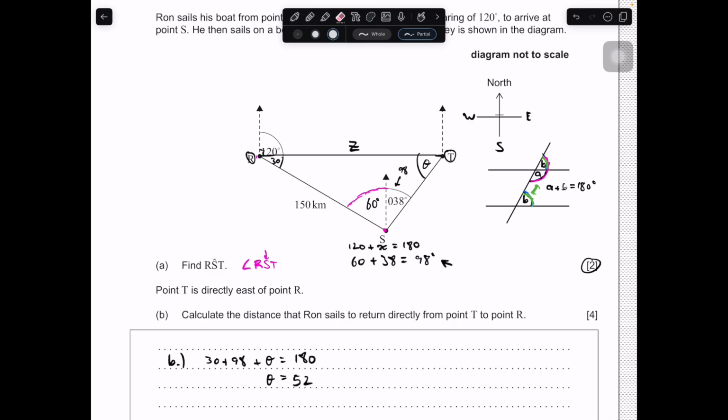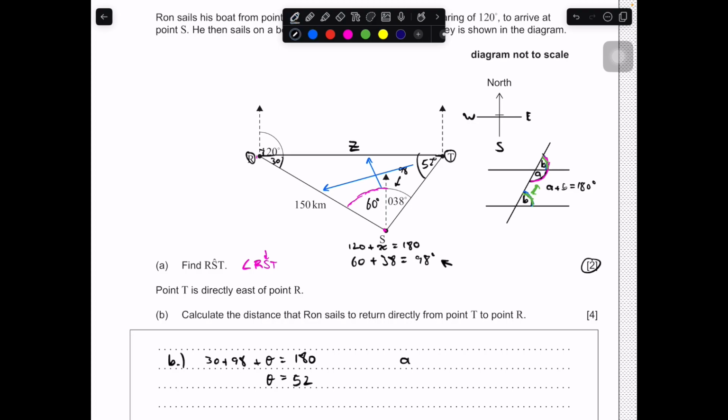So let's add that to our diagram. Alright, so we know 3 angles of a triangle. Now the question is, do we have a situation where we have an angle and its opposite side length, and an angle and its opposite side length? And we do have those pairs. So we should be able to use our sine rule.